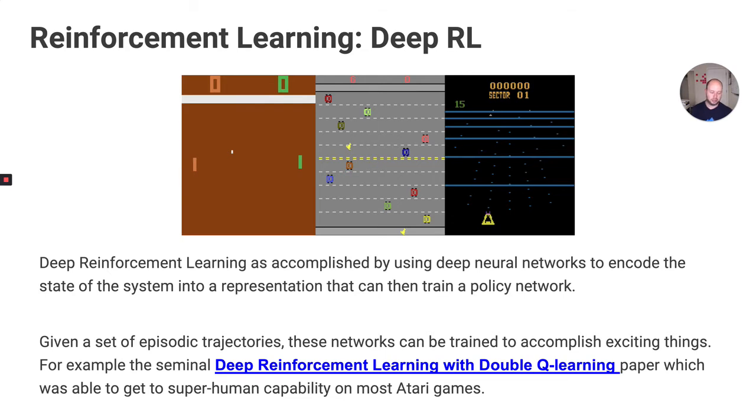So you apply supervised or unsupervised techniques to then encode the state of a particular environment. For example, in the case of trying to beat all these Atari games, which was shown in the deep reinforcement learning with double Q learning paper, which I recommend you all read, and we'll talk about in the course, the pixels of a particular game were encoded into a particular state, which was represented in some kind of neural network, which was then also used to determine what the best optimal next state was going to be.